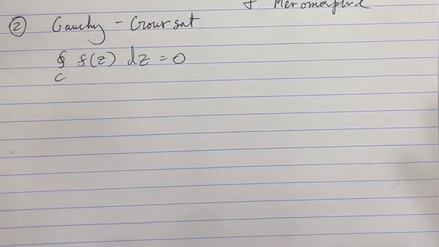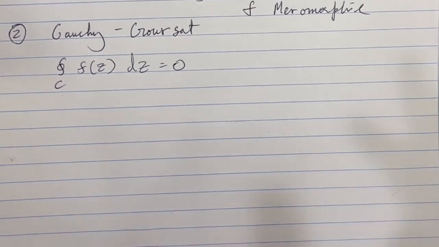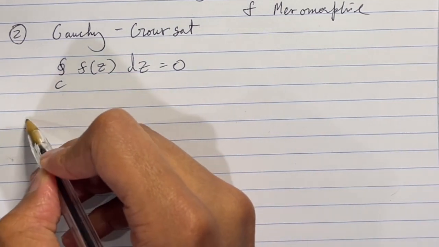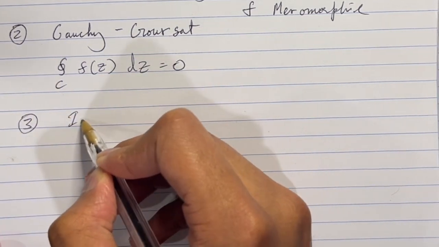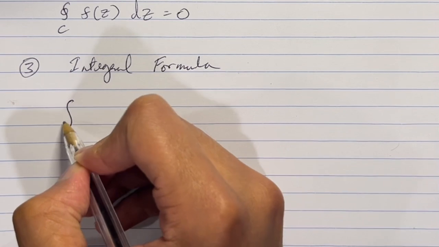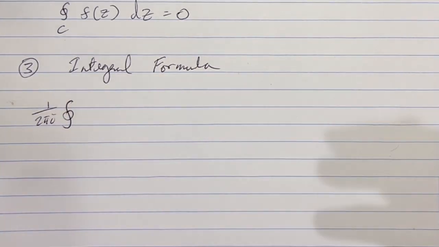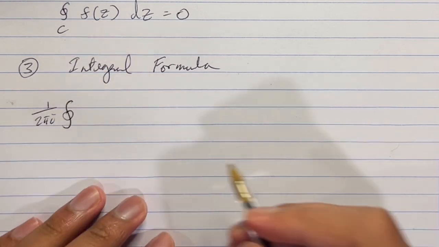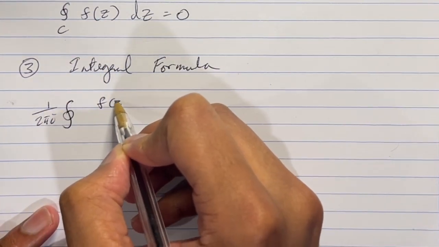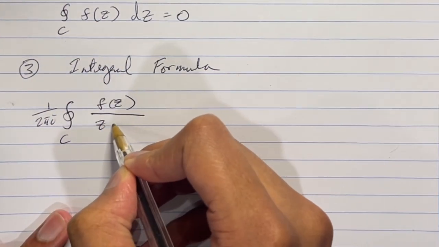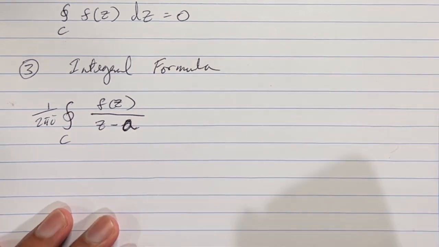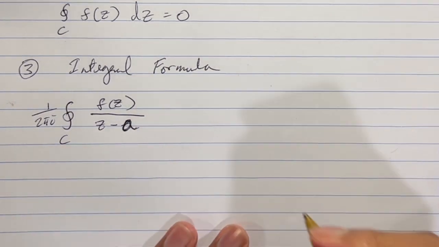First thing, second thing, and we have one final thing. We need Cauchy's integral formula. So number 3 is the integral formula. The integral formula says 1 over 2 pi i, some holomorphic function again, just like in Cauchy-Goursat, we divide it by z minus a, where a is some complex number.